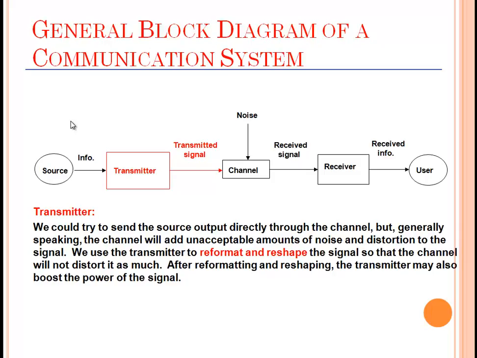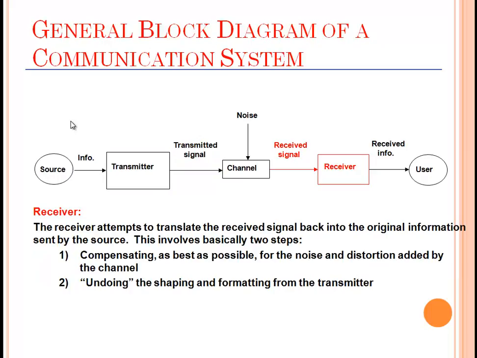There can be a modulator inside the transmitter. If the source generates an analog signal, there can be an analog modulator in the transmitter. Otherwise, if the source generates a digital signal, there can be a digital modulator at the transmitter side. Now the receiver: its main job is that it attempts to translate the received signal back into the original information sent by the source.